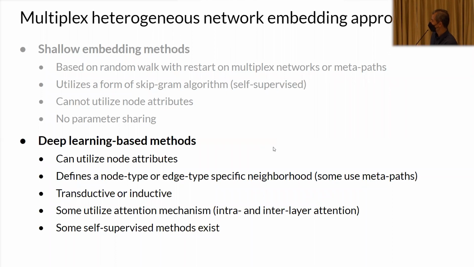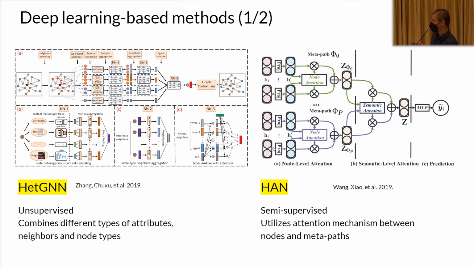So the deep learning methods can overcome some of those issues. I'll just talk about some historical perspective on some of the methods. Heterogeneous graph neural network is one of the first approaches, applying GNN on heterogeneous networks.